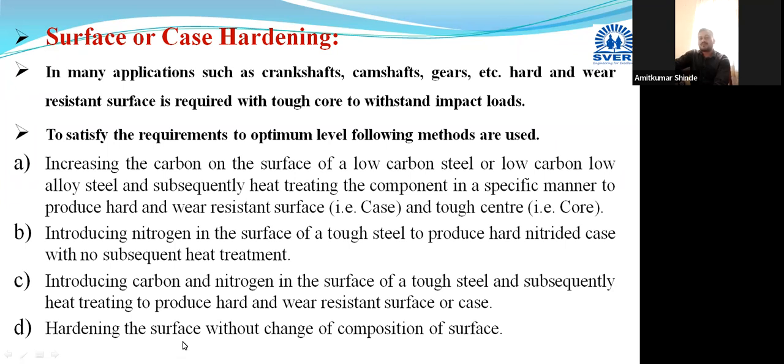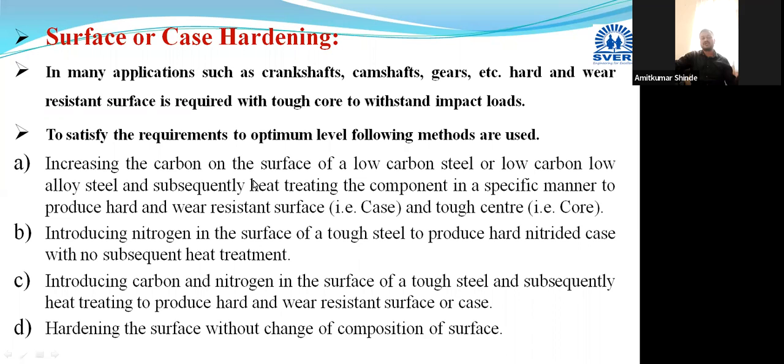Now, these are the four ways. For each way, we have some types of heat treatment process. Increasing the carbon on the surface of low carbon steel or low carbon low alloy steel, followed by heat treatment, will be termed as carburizing.